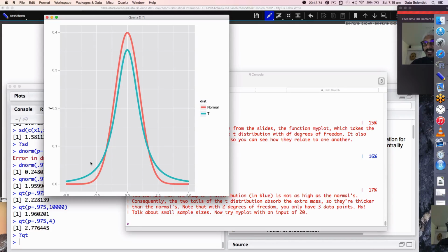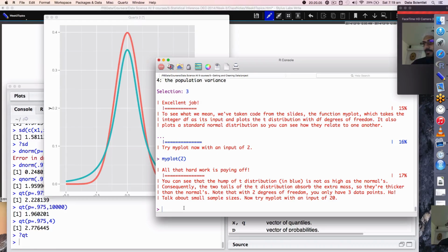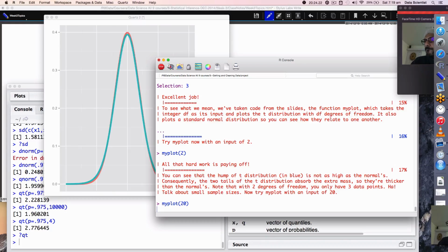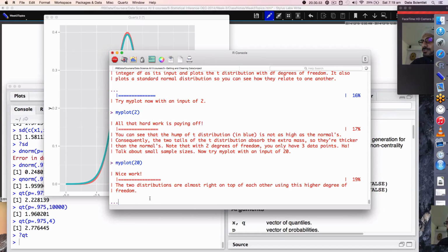We see that they have fatter tails here. Now if we change this number, let's make it 20, I say myplot 20. Now you notice that both of them are almost the same. Is this concept clear, how the t distribution behaves?